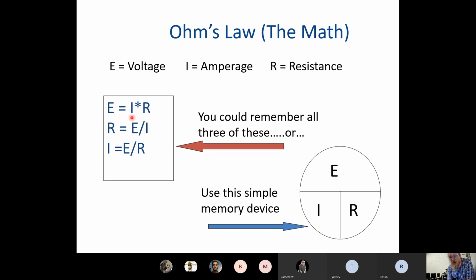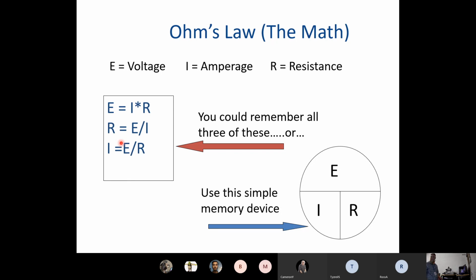So if you divided I on both sides, you'd end up with E over I, which is what you get here. So voltage E is equal to amperage times resistance. That's the main one, that's Ohm's law.